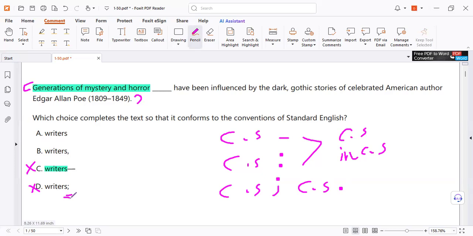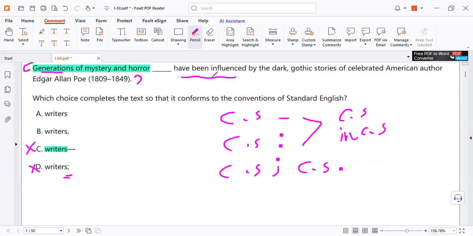Now you must check, do we need comma or no? That's the point. Do we need a comma? If you found it here, you will find this is a subject and this is a verb. So you should not separate the subject from the verb without reason. So this structure is wrong. So here we don't need the comma, so B is wrong.